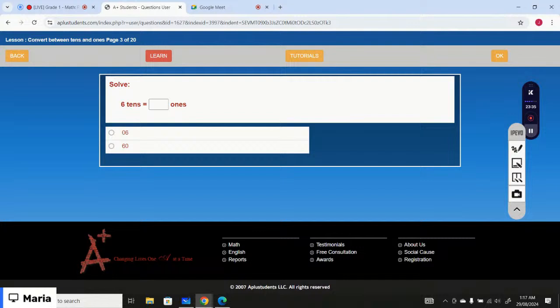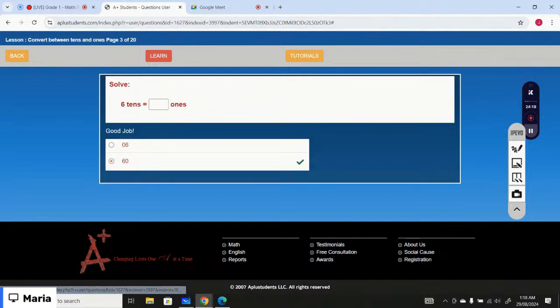6 tens equal how many ones? 6 tens makes 60. So they have 60 ones.